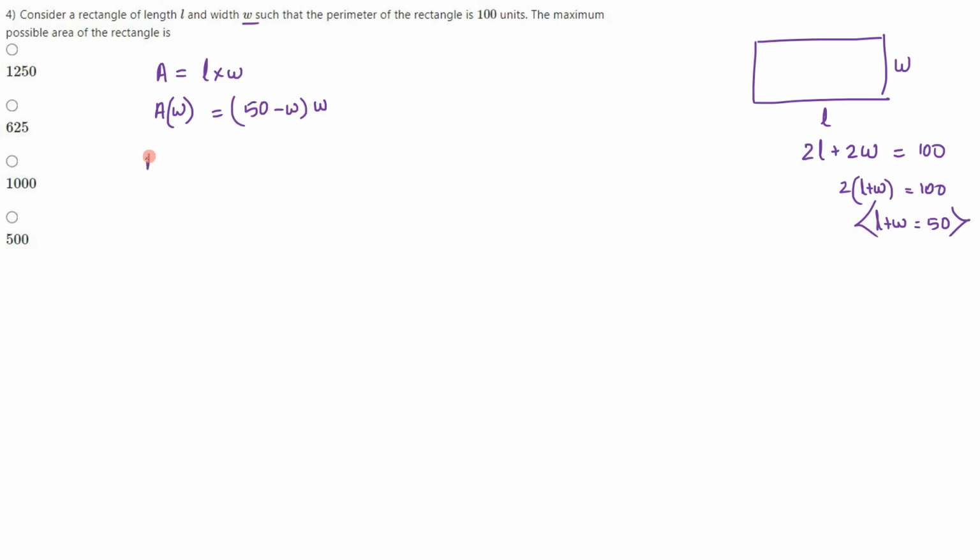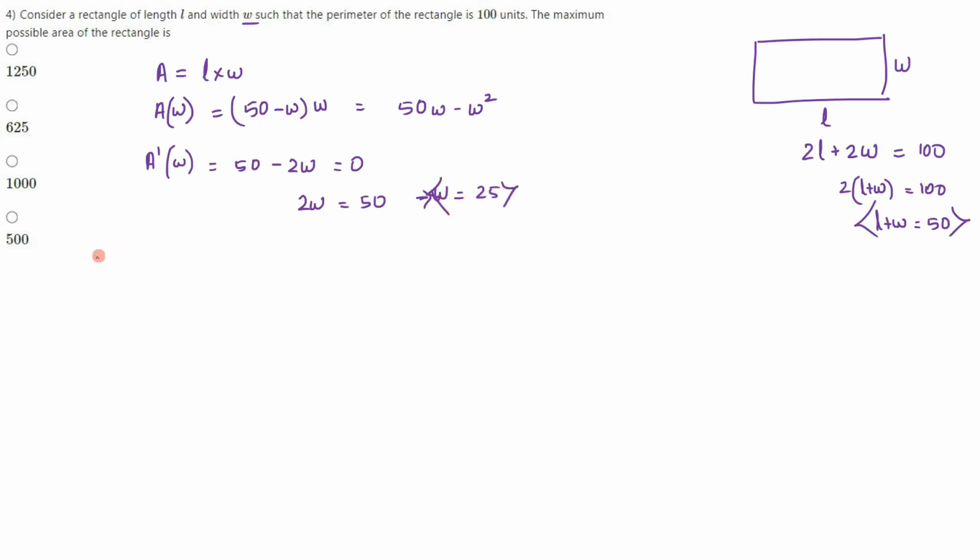So now A dash of W, if I multiply this out, I'll have 50W minus W square. If I differentiate, I'll have 50 minus 2W. If I set this to 0, I'll have 2W is equal to 50, and this implies that W is equal to 25.